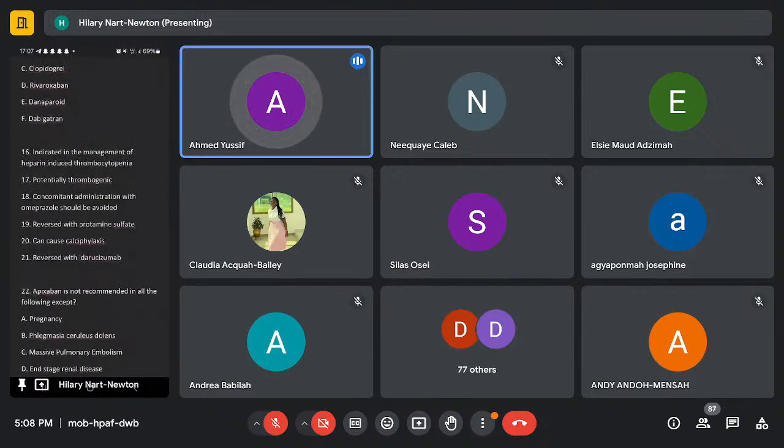So if you want to do a PPI, lansoprazole, rabeprazole, or pantoprazole can be used to replace the omeprazole. All right, let's move on.